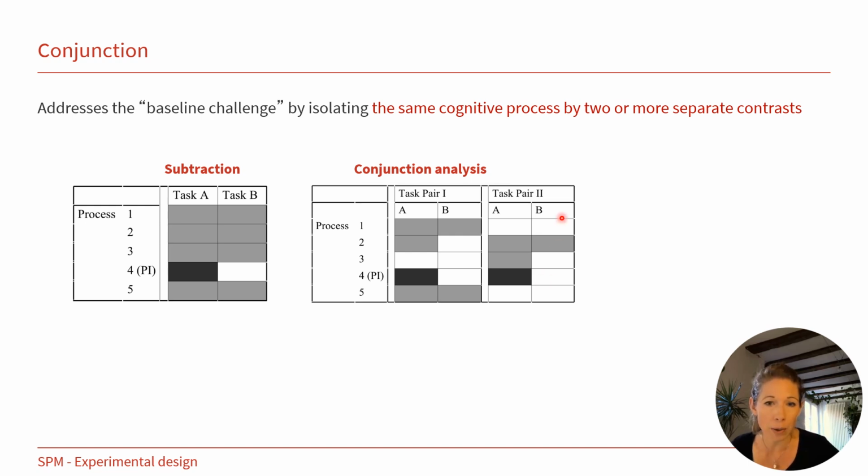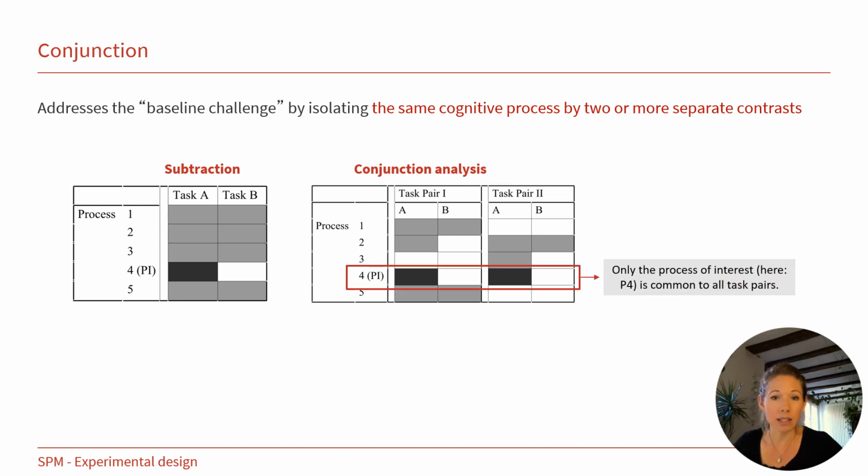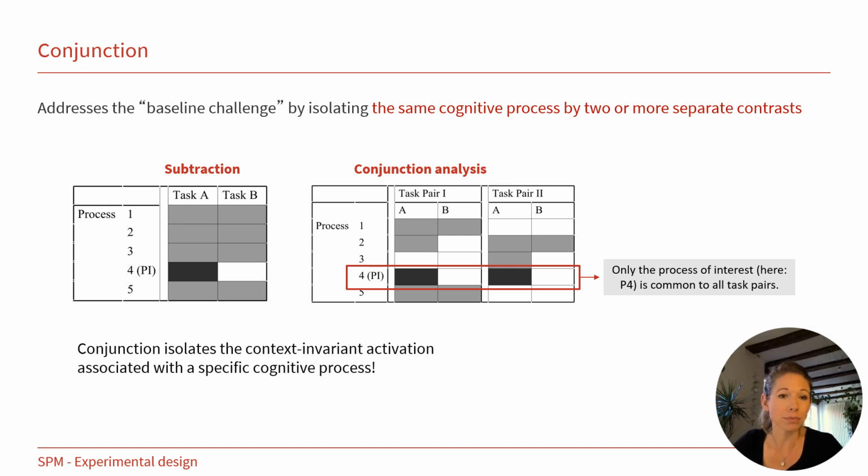So when we compare those two contrast images, the only thing which is overlapping is the contrast in process number 4. And this leaves us with those brain regions that are specifically engaged by process number 4. In other words, with conjunction, we can isolate the context-invariant activation which is associated with a specific cognitive process.